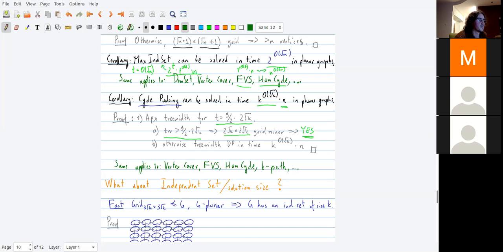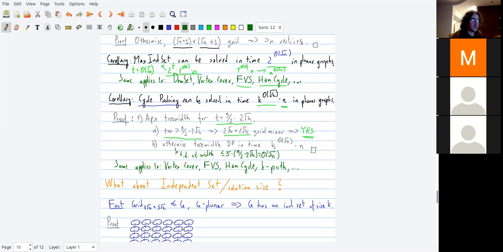Otherwise, I've got a tree decomposition of my graph of width bounded by, let's say that we run the 5-approximation algorithm, say 5 times this 9/2 times 2 square root k, which is order of square root k.